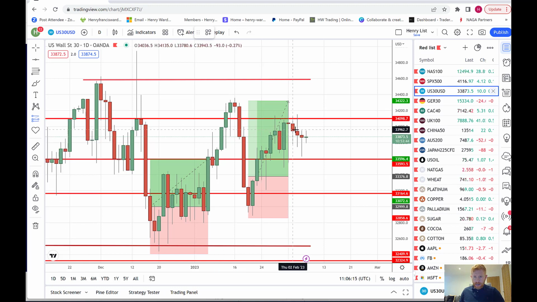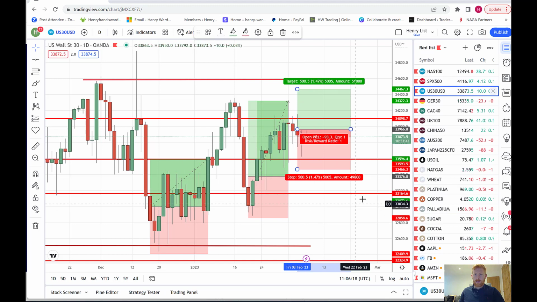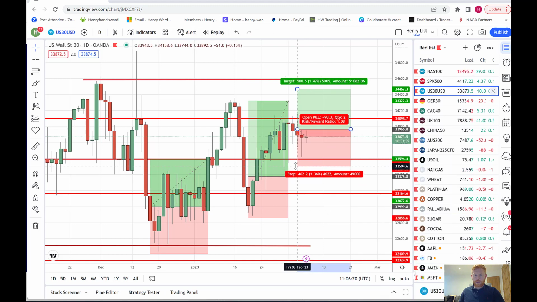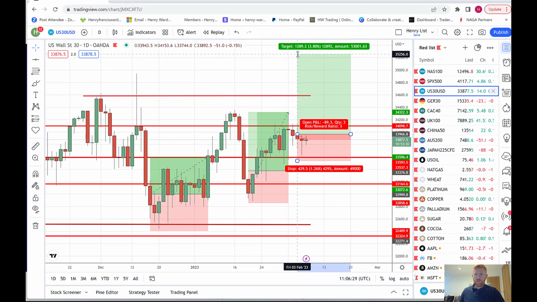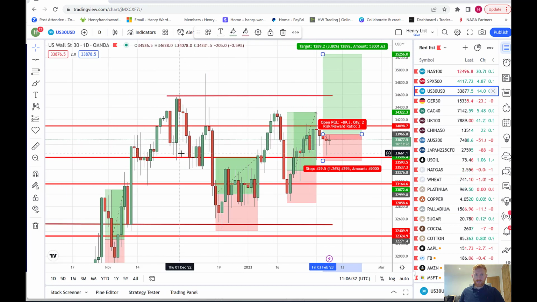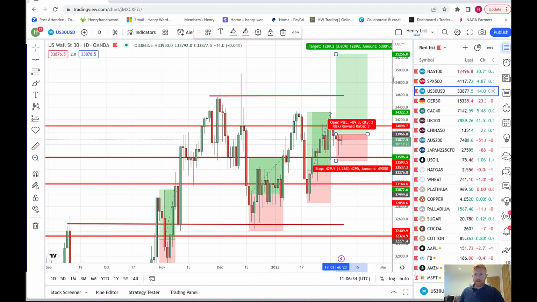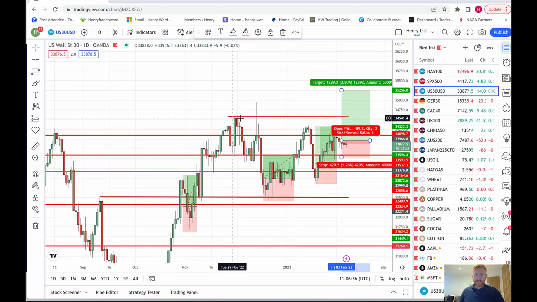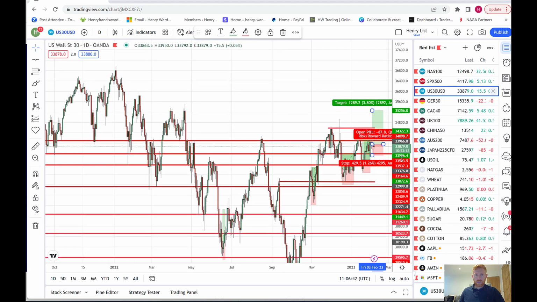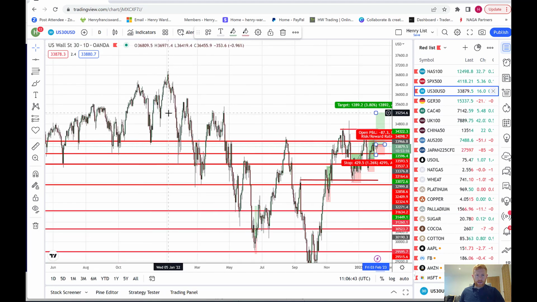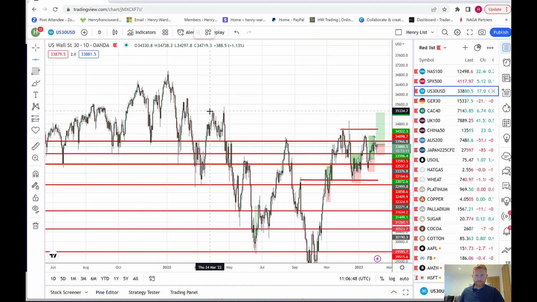Long position, entry will be there, stop loss below that level. And if we're expecting it to be bullish, we bring that up to a 3-to-1, and then we work out where we get in and out of this trade. So if I zoom out again, this is the first major one here, but that would probably be the stronger one there for me.